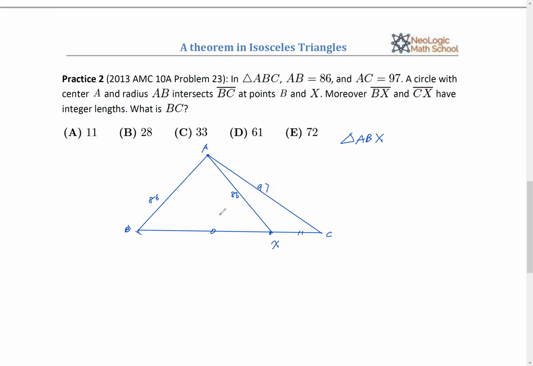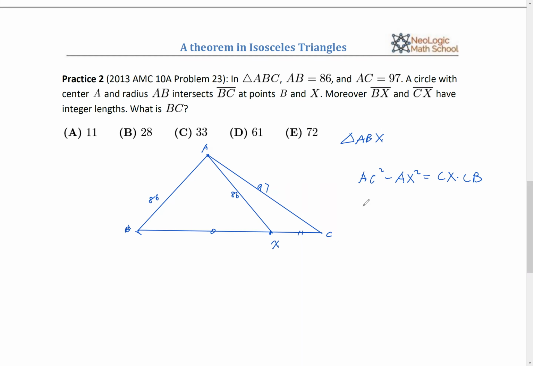What's the theorem again? The theorem says AC squared minus AX squared equals CX times CB, right? In 5 seconds, you can write down this.